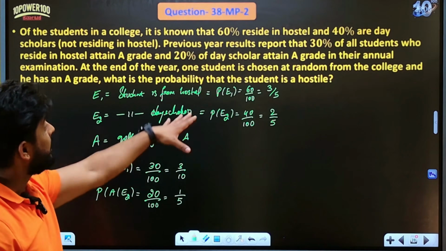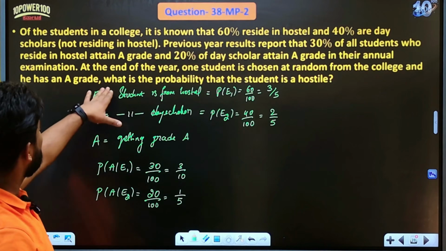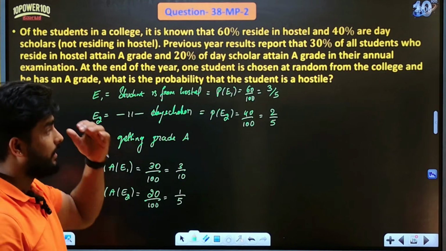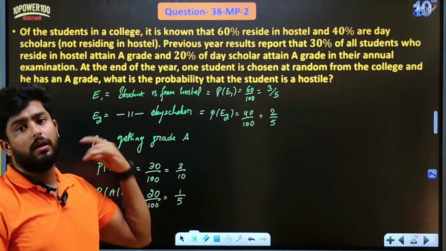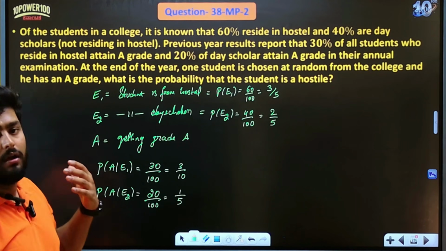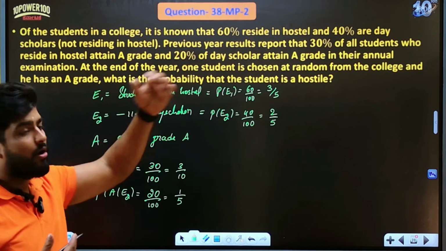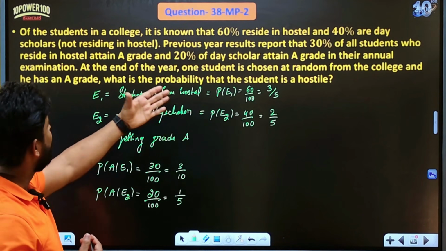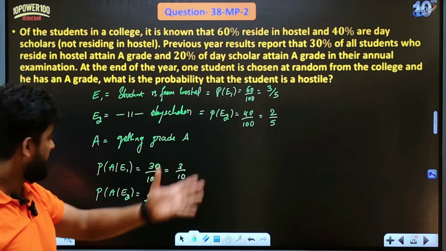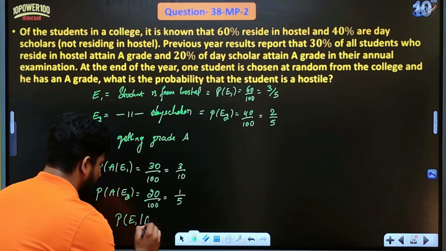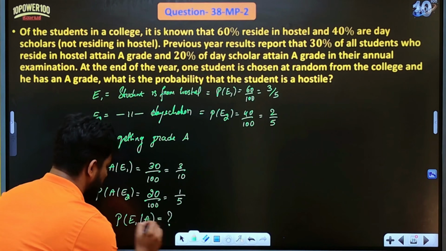So now they are saying find the probability: they have chosen a student at random, and he has got grade A, and they are asking what is the probability that he is a hosteller. Hosteller means event E1, correct? We are talking about the hosteller in event E1. That is nothing but probability of E1 given A, children. E1 given A is equal to question mark.